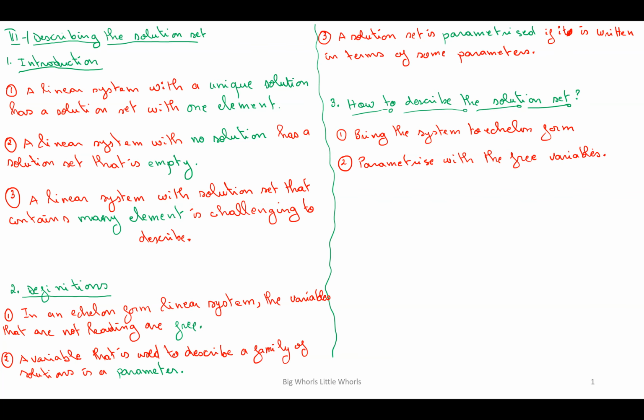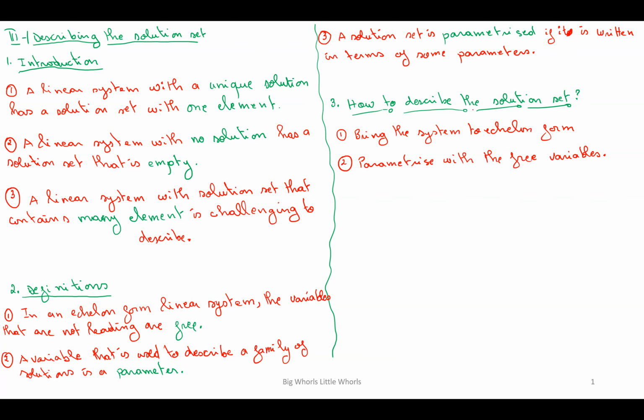I'm going to stop here for the lecture, and in the next video I'm going to do a tutorial to show you how to describe the solution set of an infinitely many solutions linear system of equations, using the concepts we have seen today, especially free variables and parameters.